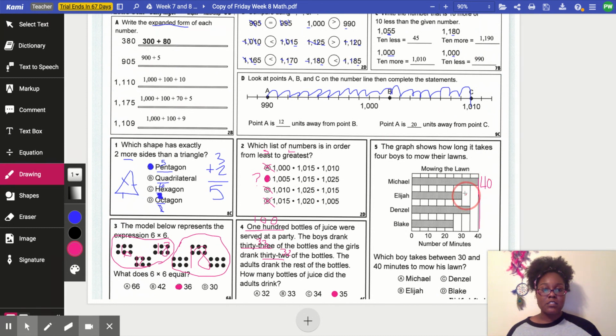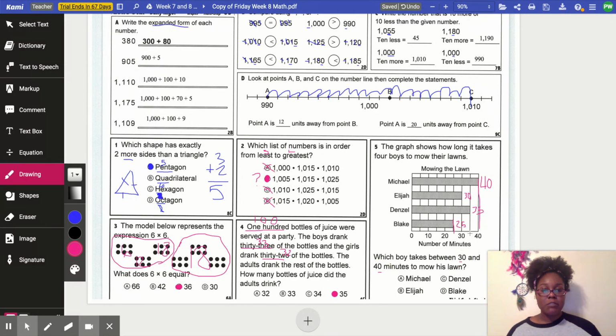Elijah has 30 minutes. Denzel has 35 minutes. And Blake has between 20 and 30. That is 25 minutes.